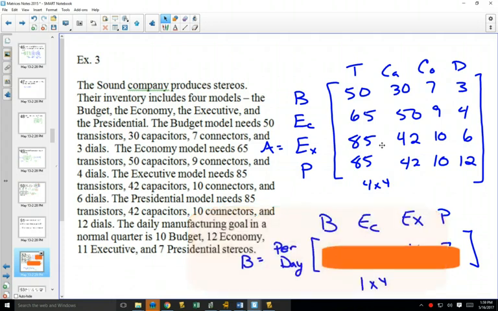So based on that, if I'm going to make a matrix B of the amount per day, I'm going to make it a 1 by 4, so that the beep that's up and down in the first matrix is the opposite in the second matrix.